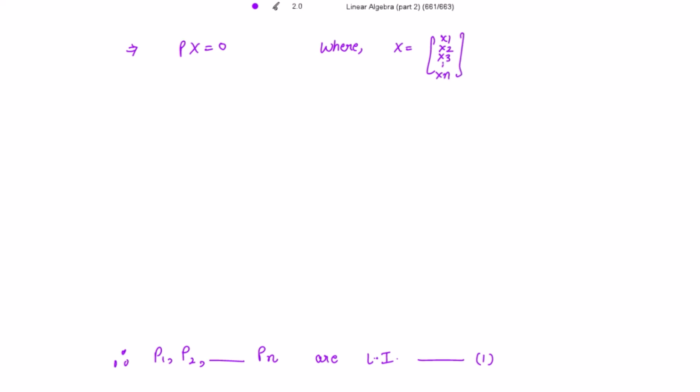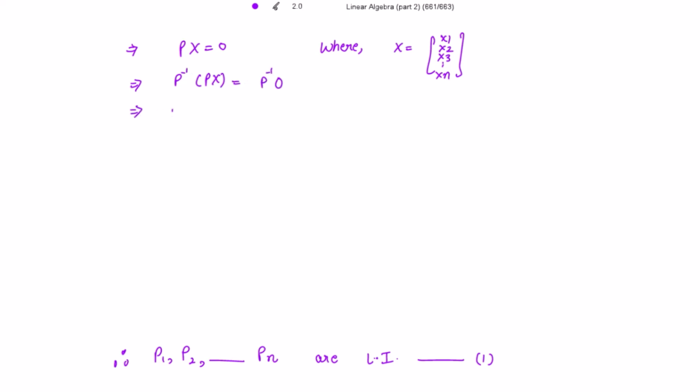Now because P is an invertible matrix, its inverse exists. So can I multiply P inverse on both sides? Yes, I can. So this implies P inverse Px is equal to P inverse 0.